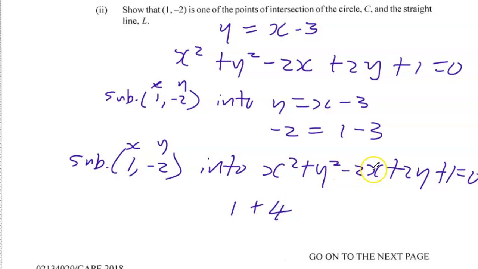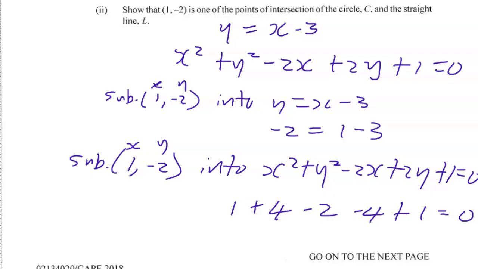And it's minus 2 times 1, that's minus 2. And 2 times minus 2, that's minus 4. Plus 1. Is that equal to 0? Let's check. Yes, 1 plus 4, that's 5. 5 take away 2, that's 3. 3 and 1, 4. 4 take away 4 is 0.